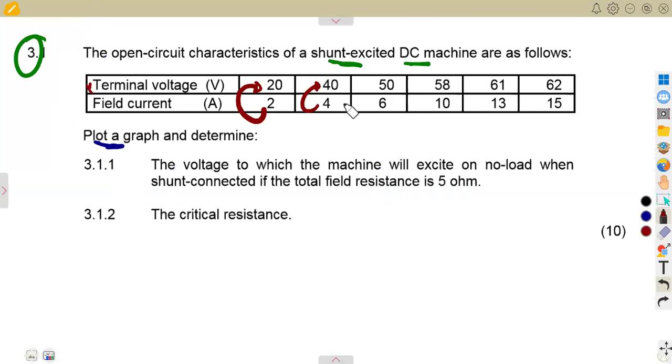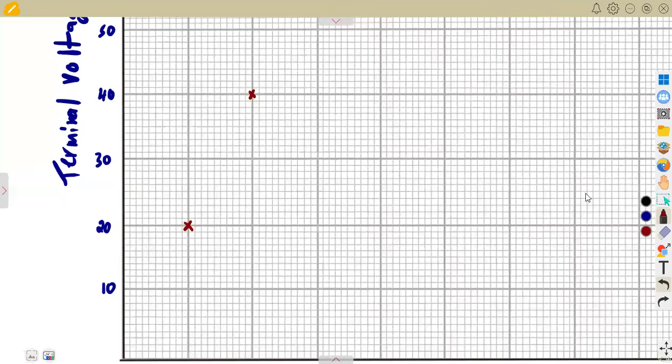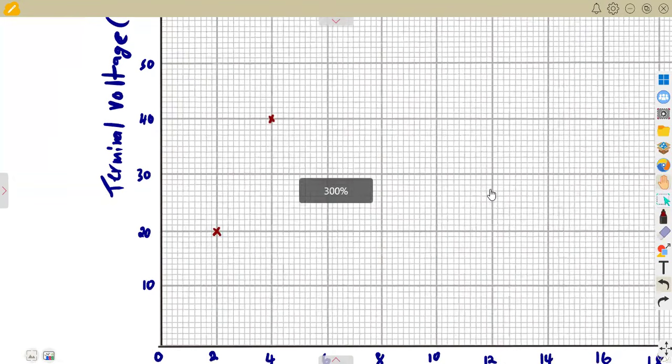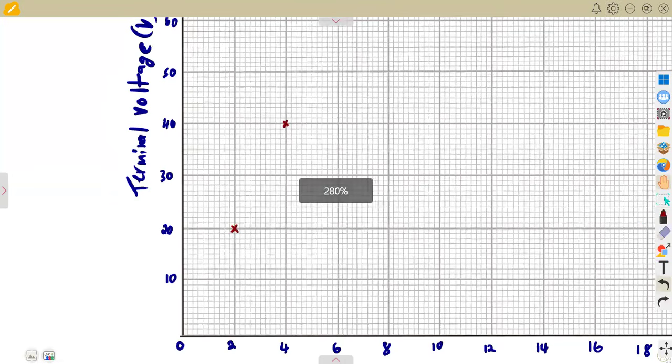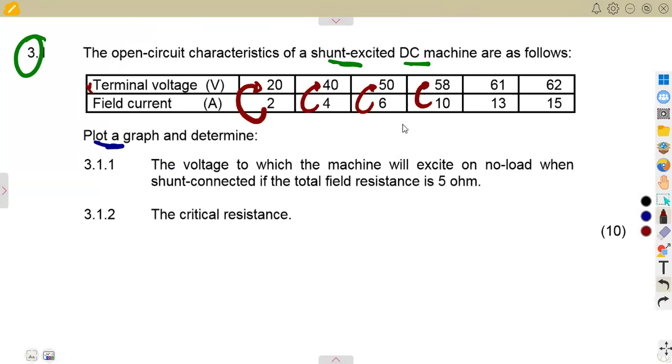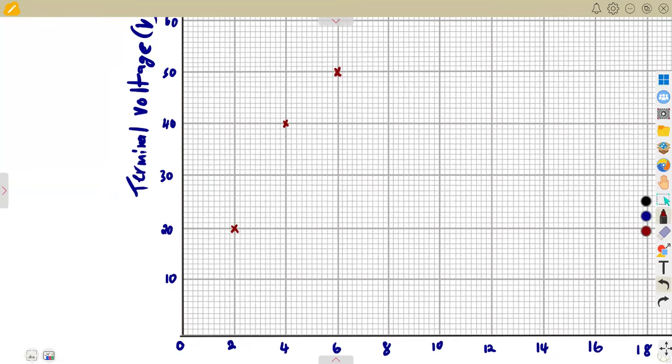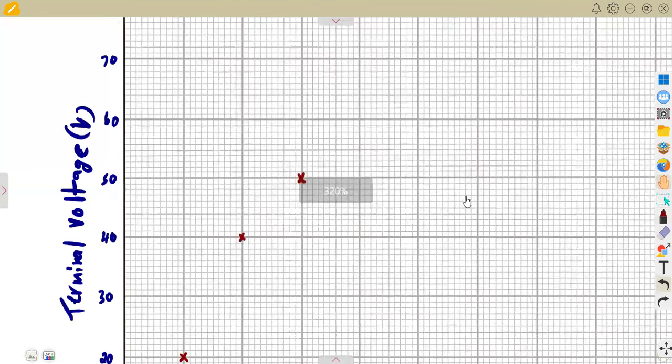All right. Another point, 6 versus 50. So that is 6 on current versus 50, and we can see this is also clear. Okay. Then we move on. 10 versus 58. So we want 58.